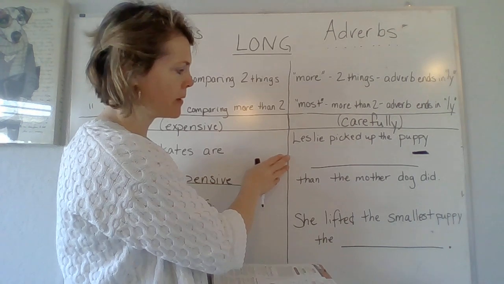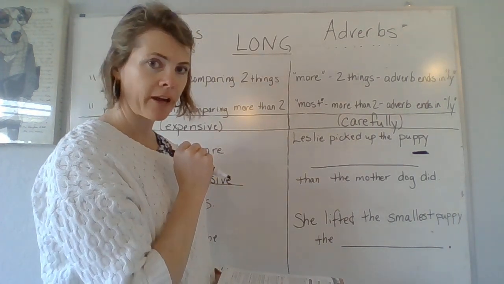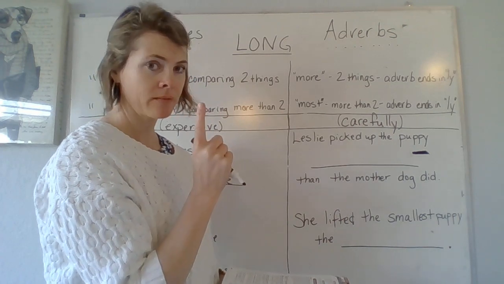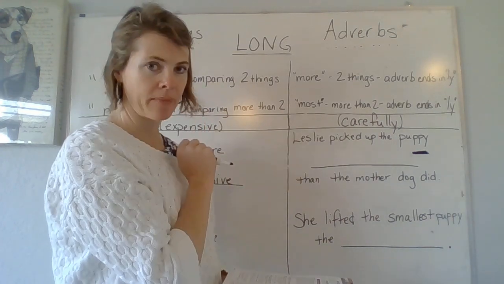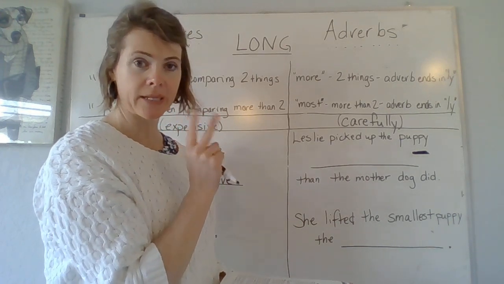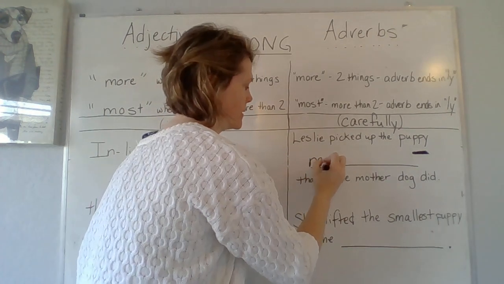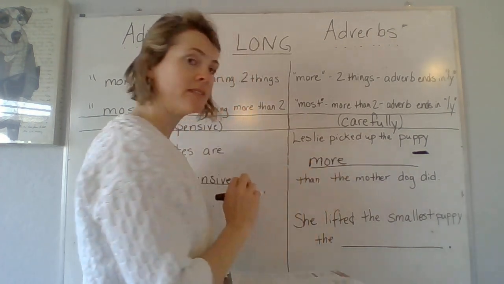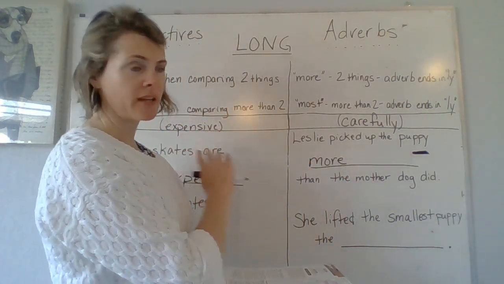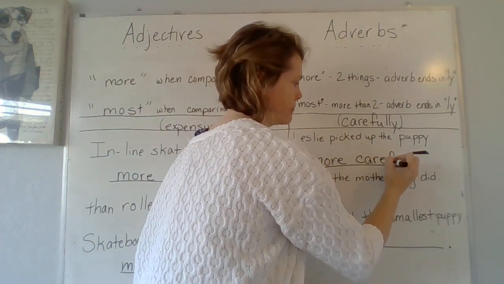Leslie picked up the puppy blank, then the mother dog did. How many things am I comparing? Leslie picked it up and the mother dog picked it up. So 2 people or 2 things picked up this puppy. That means I'm going to use more. And as I did with expensive, I don't change the spelling of this word, carefully.